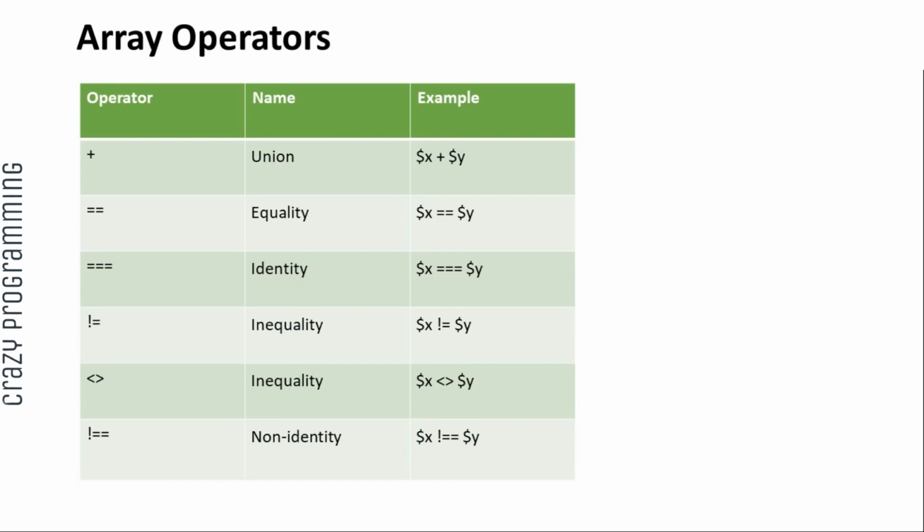So plus means union, double equals means equality, triple equals is identity, the fourth one is inequality, the fifth one is also inequality, and the sixth one is non-identity. We will understand this in the practical sections.